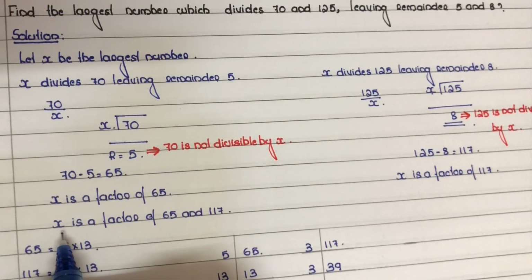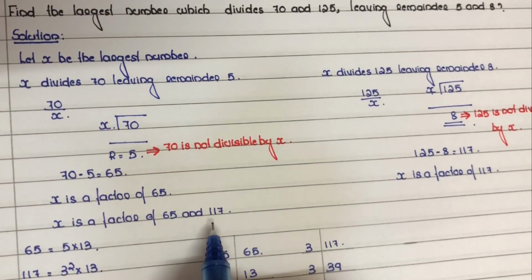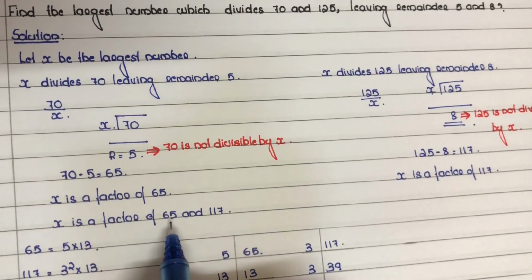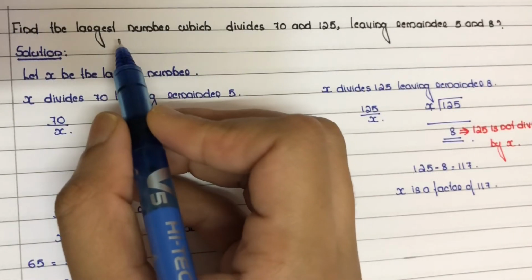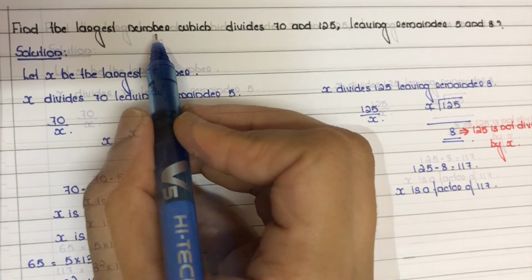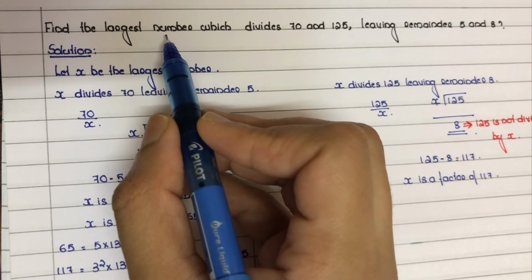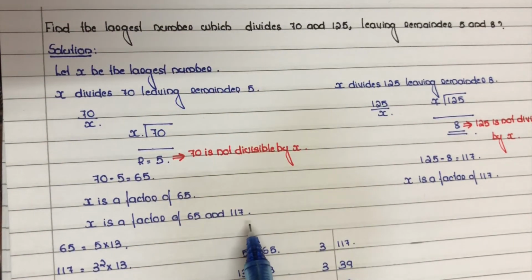Here we proved that x is a factor of 65 and 117, means x is a common factor of 65 and 117. Okay. And here the question is to find out the largest number, right? And we proved a number is the common factor of 65 and 117.